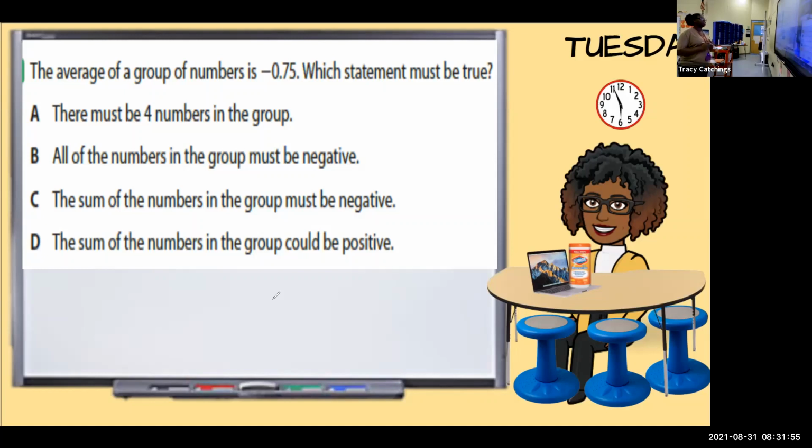So they want to know which of these statements must be true. They found an average and found that it was negative 0.75. Do you have an idea of what you think must be true?